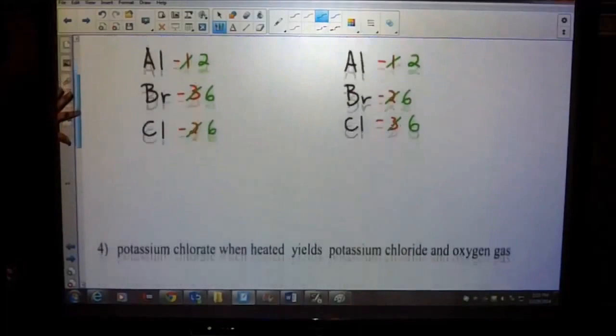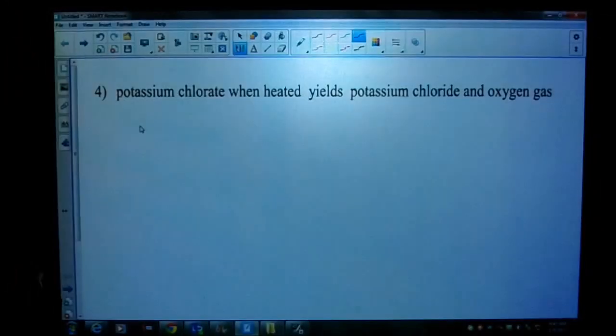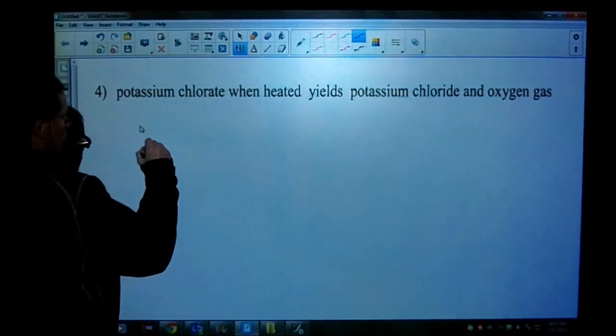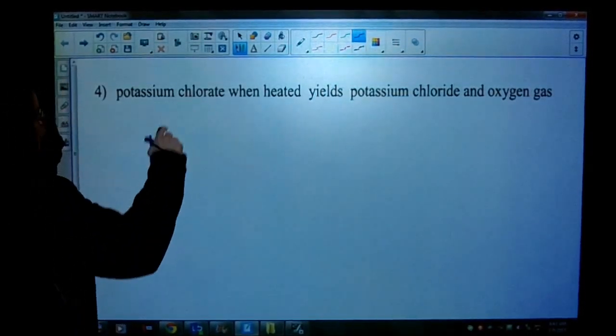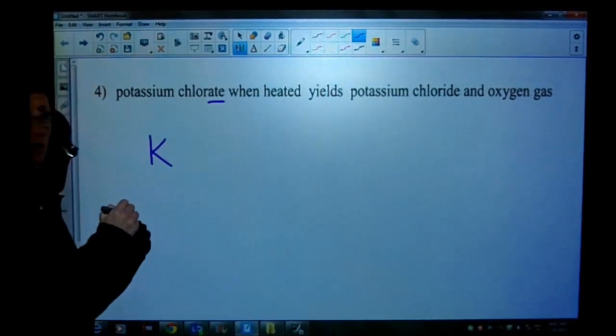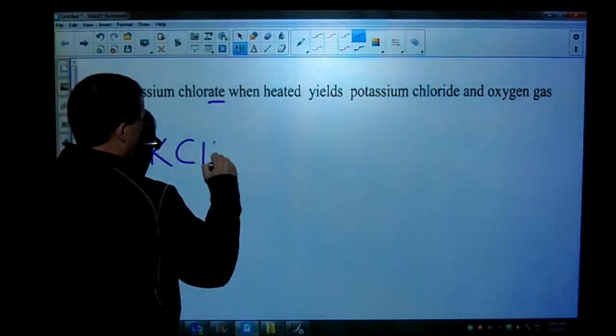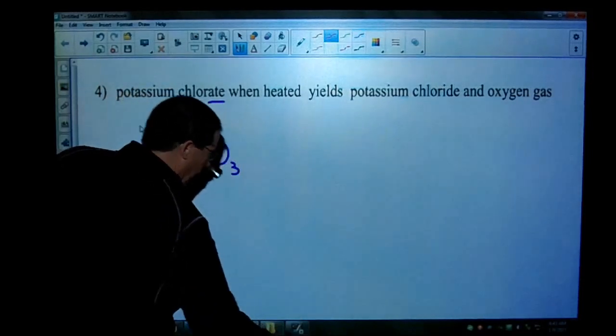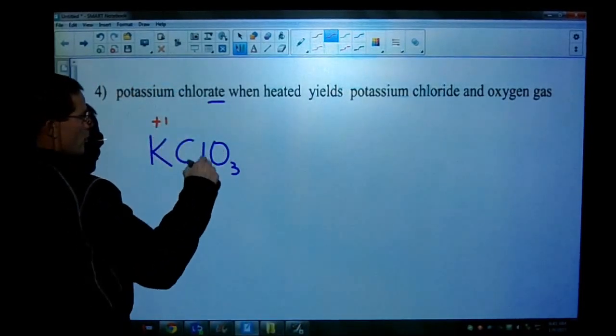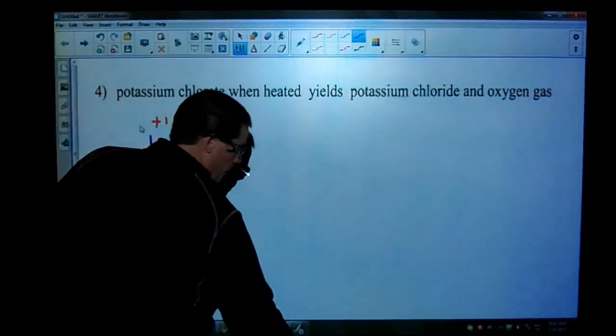All right, so let's look at number 4. Potassium chlorate when heated yields potassium chloride and oxygen gas. So potassium is K, the chlorate is one of your polyatomics, ClO3, and potassium has a +1 charge, chlorate a -1 charge.